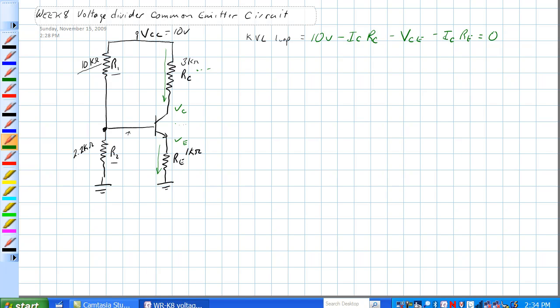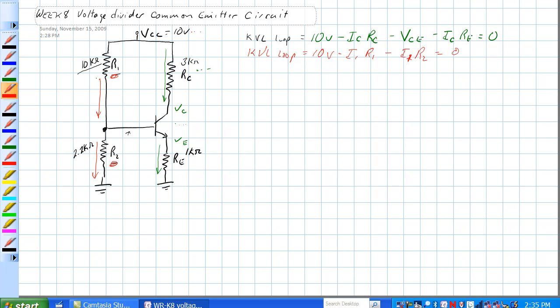So let's KVL the next loop, which is, let's go with red here, this one here to this one here. So KVL: start out with 10 volts minus I1 R1 minus I2 R2, or actually it's I1 because it's relatively the same current here as here.